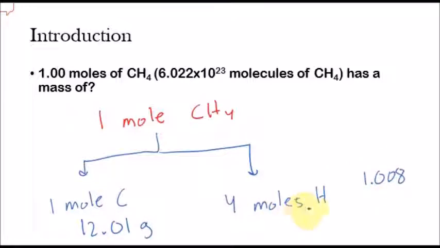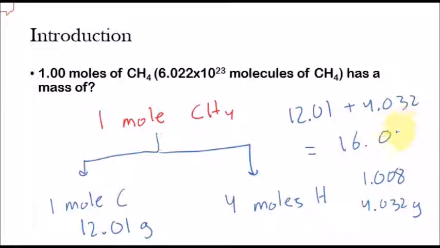So 4 moles of that is going to be 4.032 grams. Then you just add this number to this number to get the total mass: 12.01 plus 4.032 equals a total of 16.042. So 1 mole of CH4 is going to have 16.042 grams.